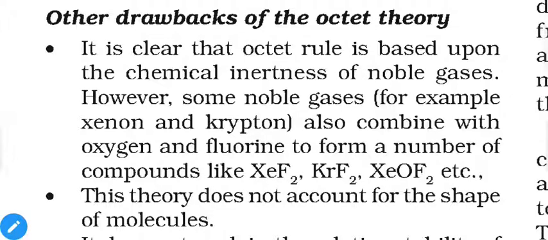However, some noble gases, for example xenon and krypton, also combine with oxygen and fluorine to form a number of compounds like xenon fluoride, krypton fluoride, xenon oxofluoride, etc. That means this theory is based on the assumption that each and every element tries to obtain a noble gas like electronic configuration, and if they gain it, they do not react further. But even noble gases have a tendency to react in certain conditions.